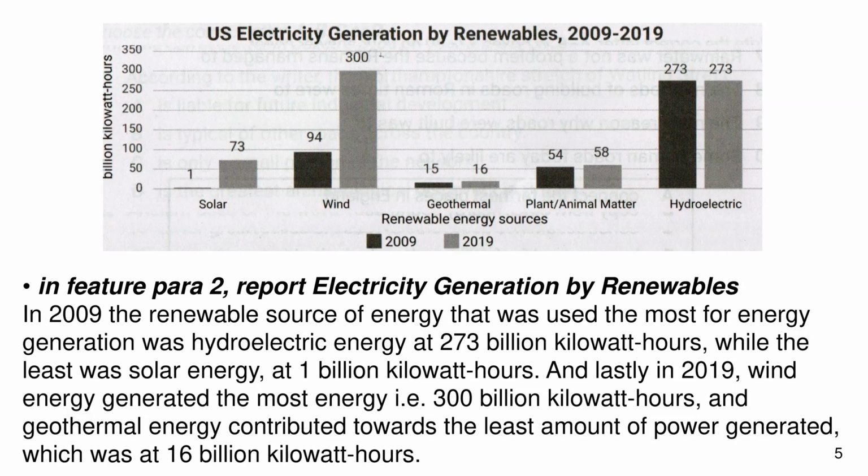And lastly, in 2019, wind energy generated the most energy, that is 300 billion kilowatt hours, and geothermal energy contributed towards the least amount of power generated, which was at 16 billion kilowatt hours.